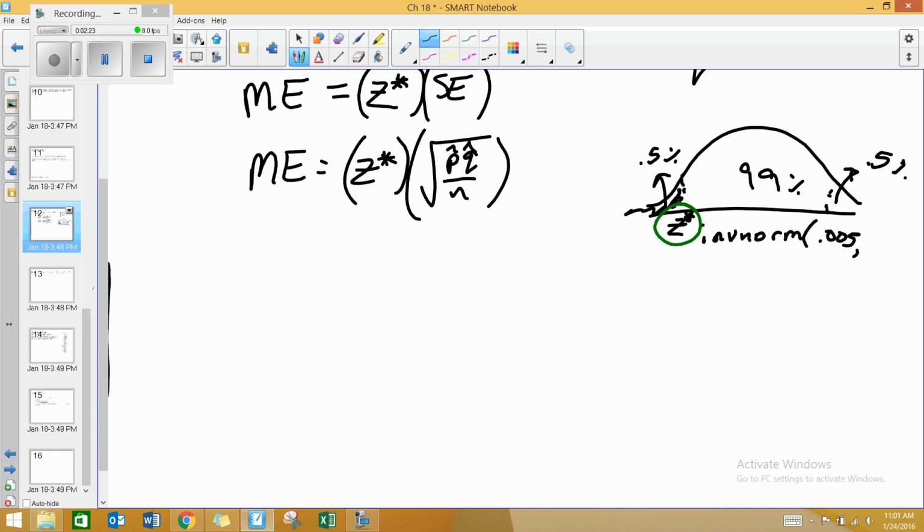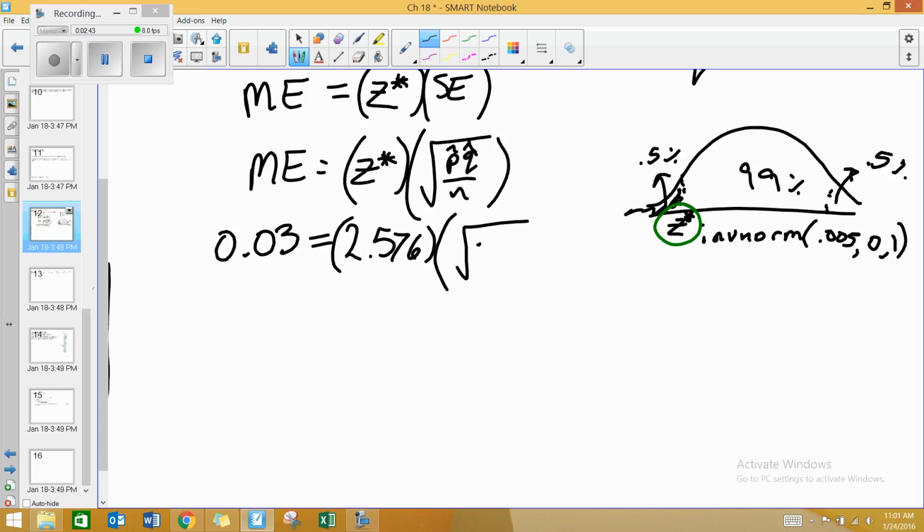All right, so to finish this off in the calculator, it's standardized, so centered at 0, standard deviation of 1. And that gives you a critical value of 2.576. So we'll plug all this in. Margin of error listed above, 2.576. And now for p hat.